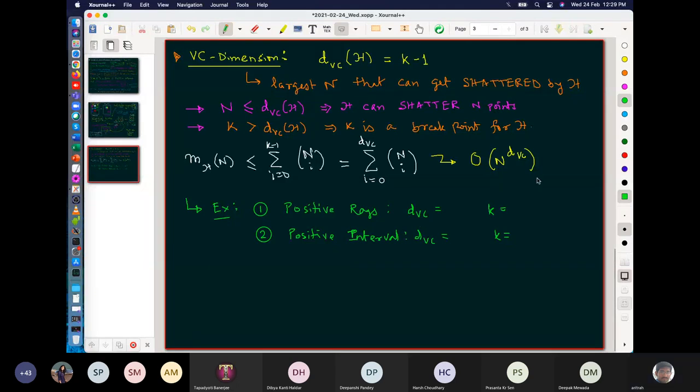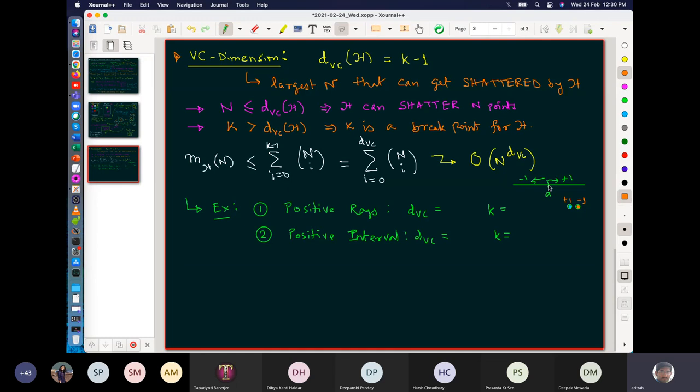Positive rays in a line, a point beyond which everything is plus 1, below which everything is minus 1. How can you shatter N points there? You can shatter only one point, because if I gave 2 points, you cannot make the left plus 1 and the right minus 1. You cannot do it.